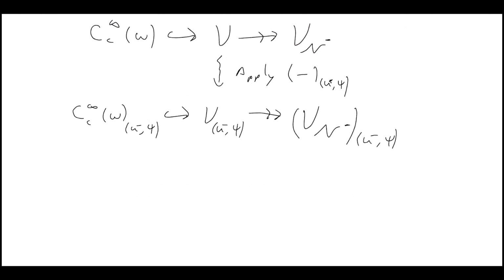Now the first important point is that the right-hand term is 0. This is because U minus sits inside of N minus. So if you first take trivial coinvariants, but then take twisted coinvariants with respect to a subgroup, that's going to kill everything. So in particular, that inclusion is actually an isomorphism.